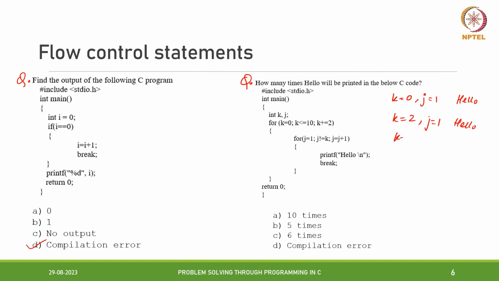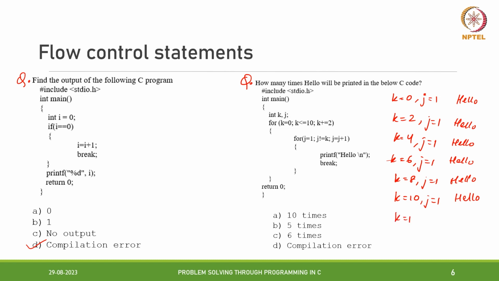Now k becomes 4, j equals 1, you print hello again and break out. Then k equals 6, j equals 1, you print hello. k equals 8, j equals 1, another hello. k equals 10, j equals 1, hello will be printed.